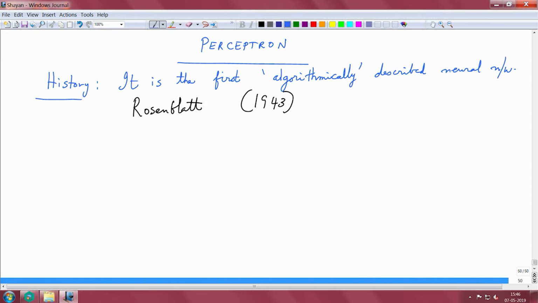So, let us recall our linear combiner and the activation function we started a while ago. We have inputs x1, x2, dot dot dot, till xm. These are our inputs. Then we have weights connecting them to the linear combiner.